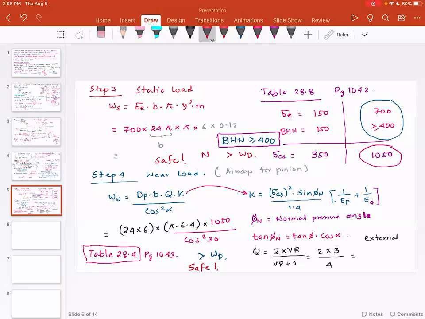But if you are doing paper design, cost is not a consideration, so you can stick to this approach. However, when you go to industry, most likely you will have to take into account the cost of the gear. At that time, you have to select an appropriate mix of case hardness and core hardness to make sure that the design is well within the cost.